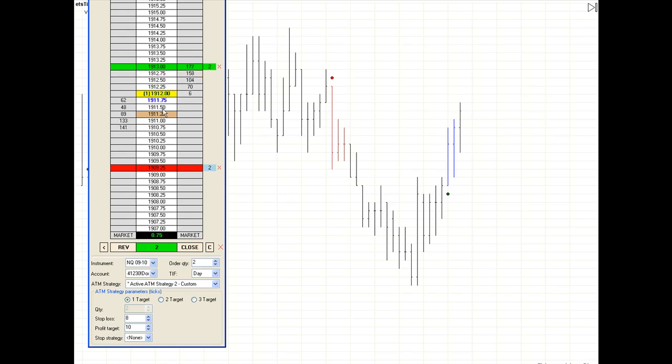As I get up here a little bit more, I want to start moving up my stop loss. In my S&P system, when I get 4 ticks of profit, which we already have, I take my stop loss to break even. I say, okay, I don't want to lose any more on this trade. But because I don't trade this market enough to determine whether I should move that stop loss, I'm not going to take it to break even, but I'm going to go ahead and take it up 4 ticks, reducing my risk on the trade.